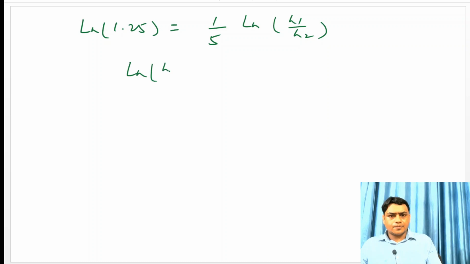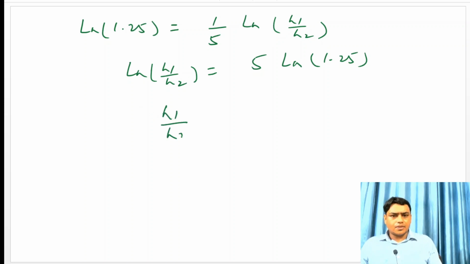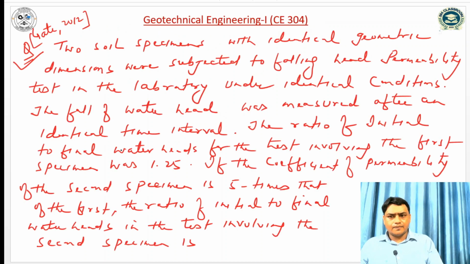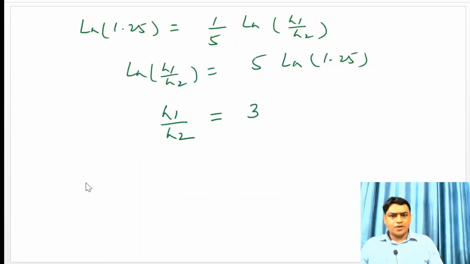So ln H1 by H2 is equal to 5 times ln 1.25. So we can write here H1 by H2 is equal to 3.05.